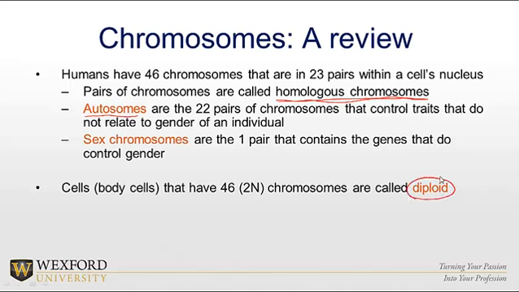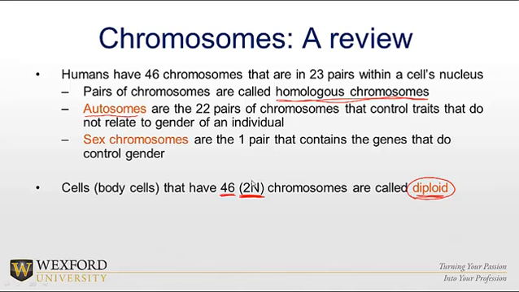Okay, so when you have the matching, the full set, a set of chromosomes from mom, a set of chromosomes from dad, when you have the full set, you are a diploid. And notice you have the 2n number of chromosomes, which for human beings is 46. We have 46. That is our diploid number, notated by 2n chromosomes. 2, why? Because one from mom, one from dad.